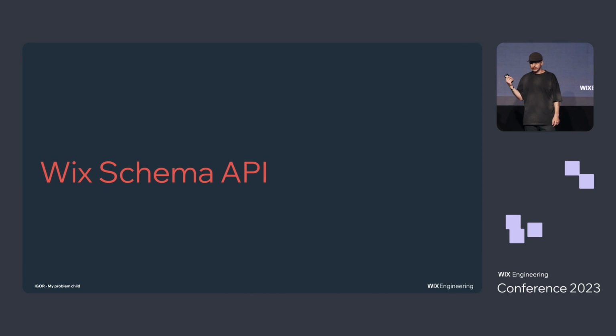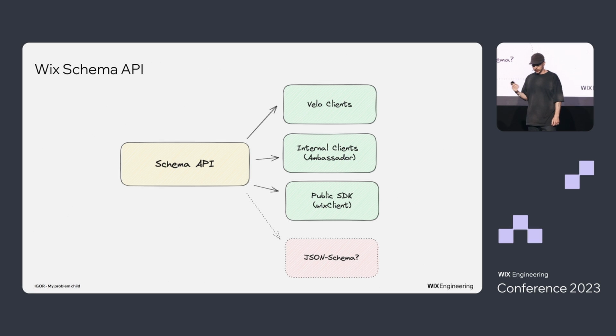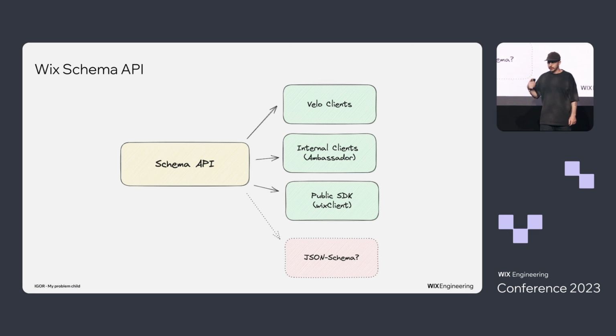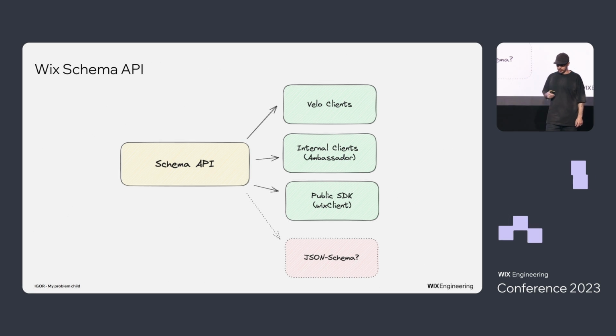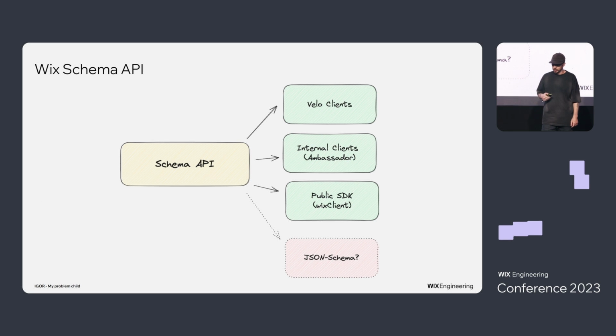This already exists in Wix, which was pretty cool to find out for me. And it also turns out that the Wix SDK is auto-generated based on Schema API, along with things like Velo packages and ambassador packages. So why not auto-generate a JSON schema as well to have it working with function calling?